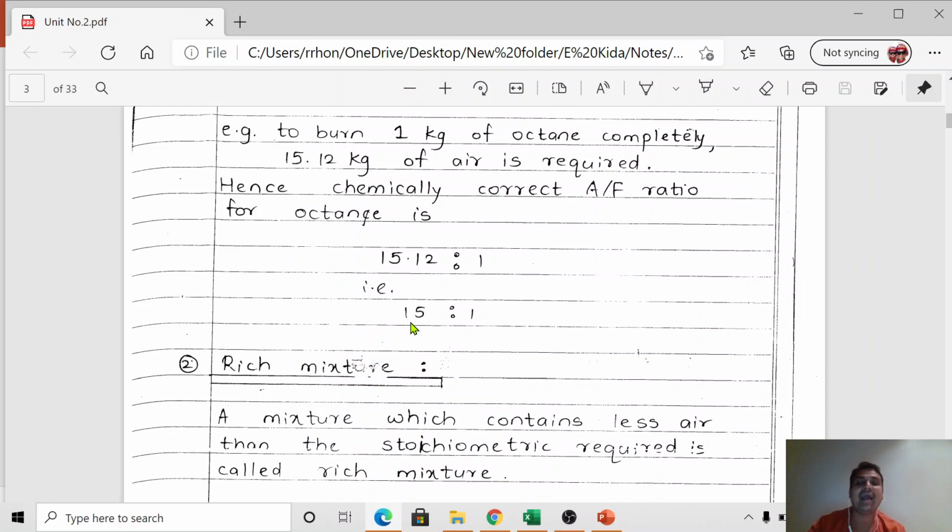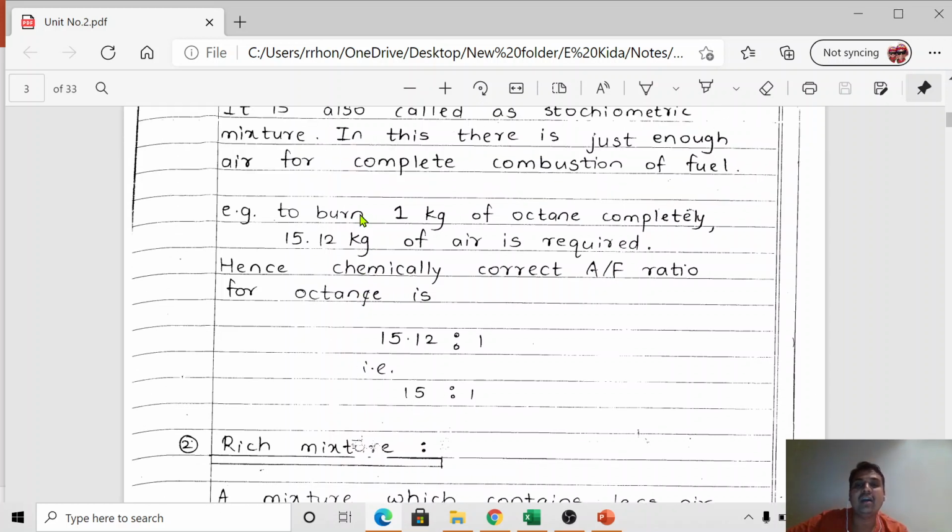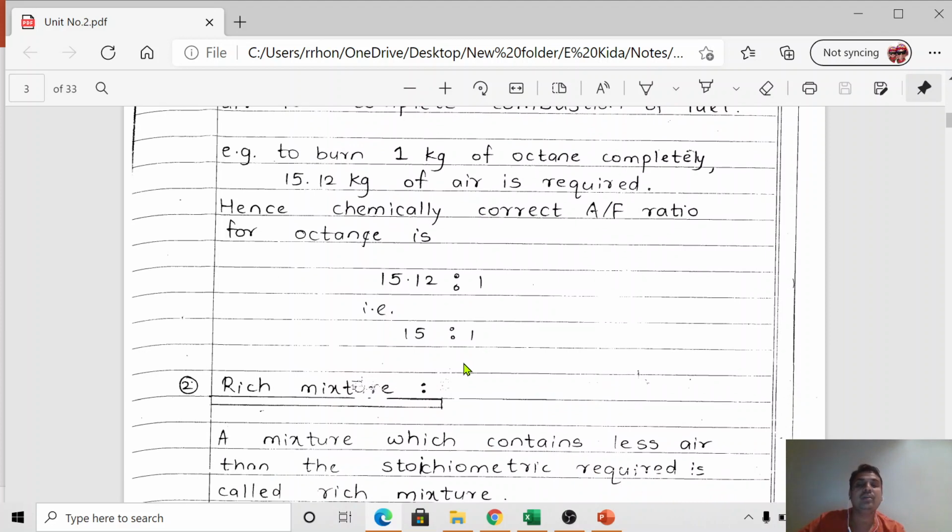So 15 to 1 is the standard stoichiometric or chemically correct air fuel ratio for octane. Always remember this value, 15.12 to 1 or just 15 to 1, is a chemically correct or stoichiometric air fuel mixture. Hope you understood the meaning of stoichiometric or chemically correct air fuel mixture.